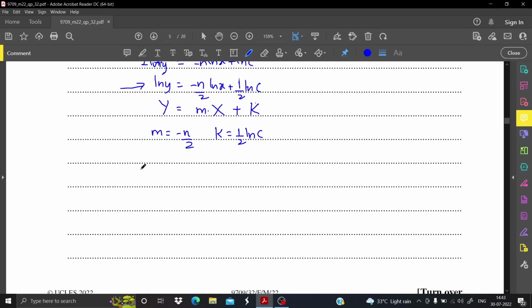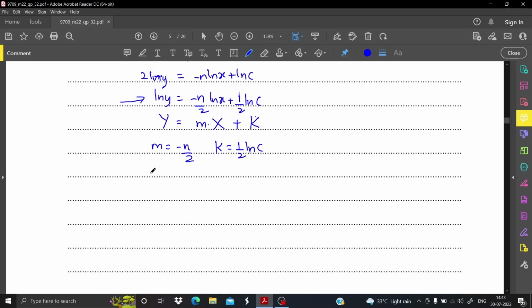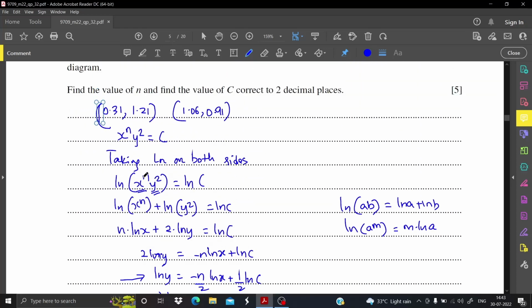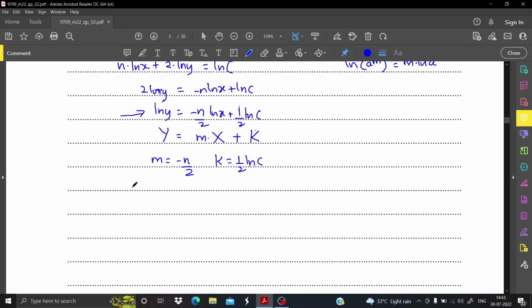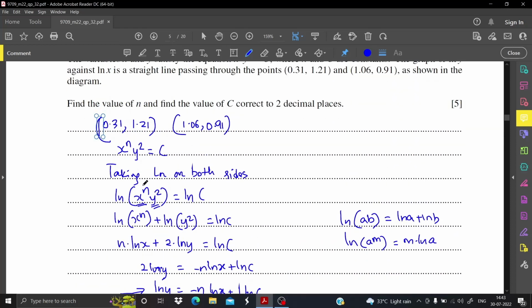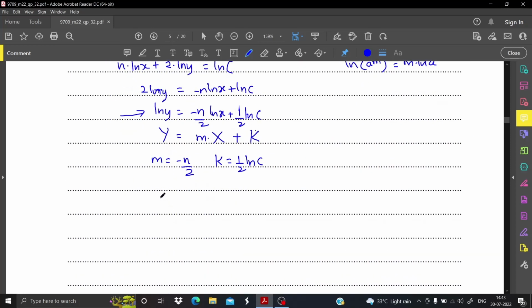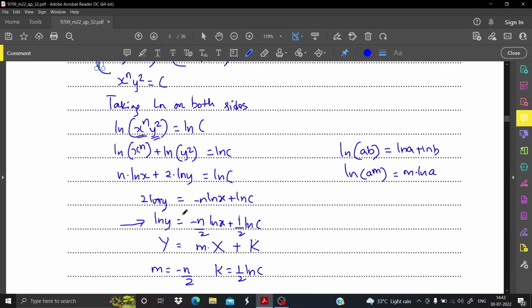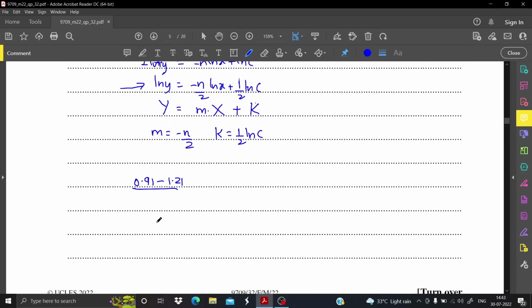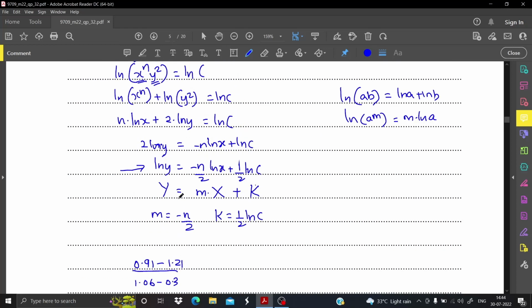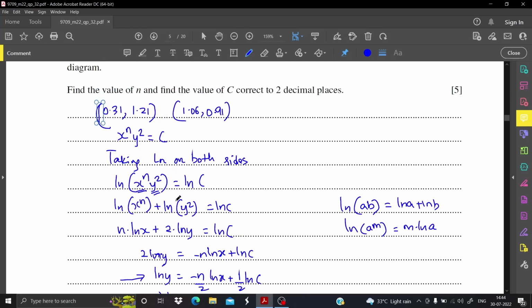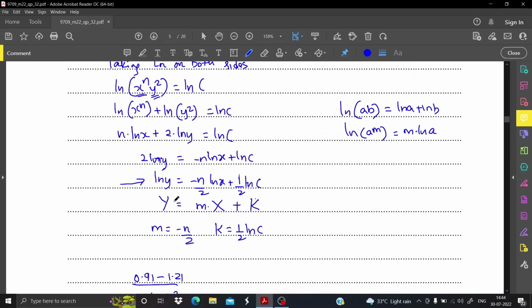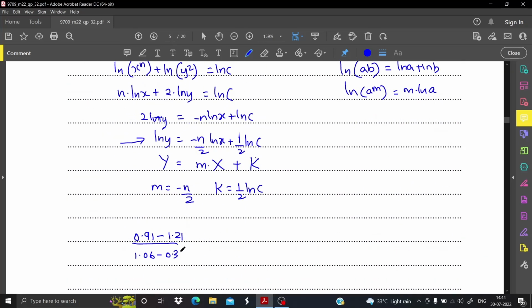Now let's see how we can find the gradient. We already know the 2 points, so let's use them. y2 minus y1 by x2 minus x1. So 0.91 minus 1.21 divided by 1.06 minus 0.31.